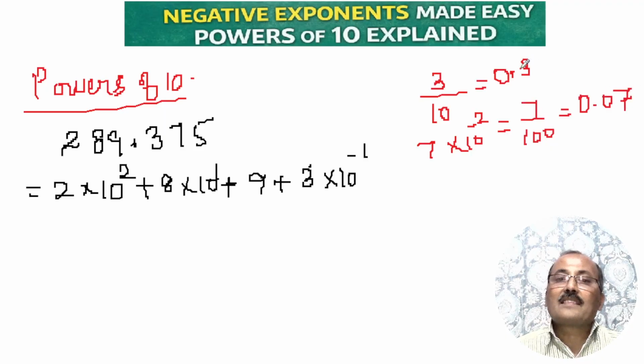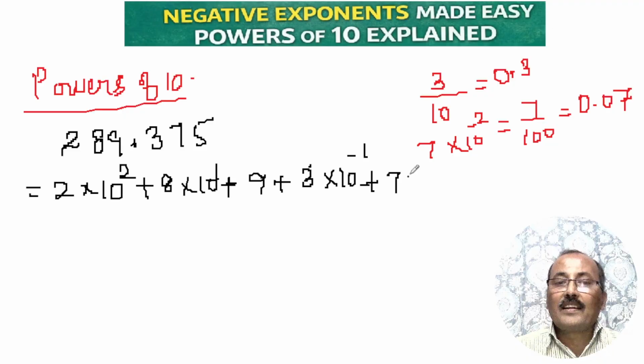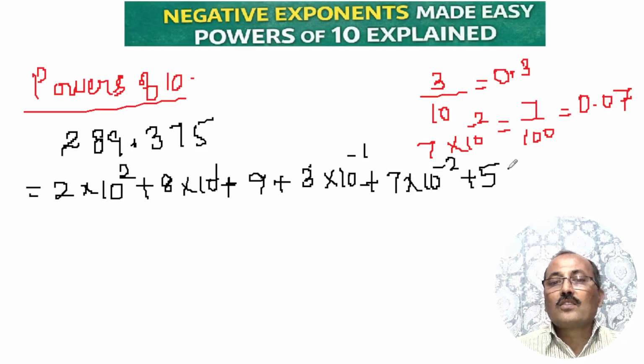When you add these, it becomes 0.37. So here I can write like this: 3 into 10 power minus 1 plus 7 into 10 power minus 2 plus 5 into 10 power minus 3.